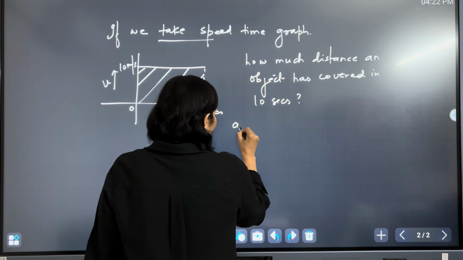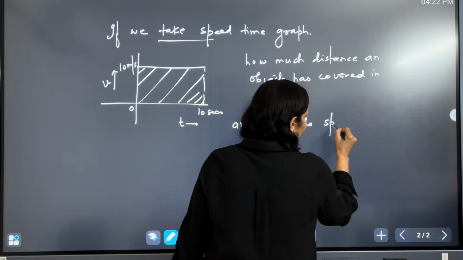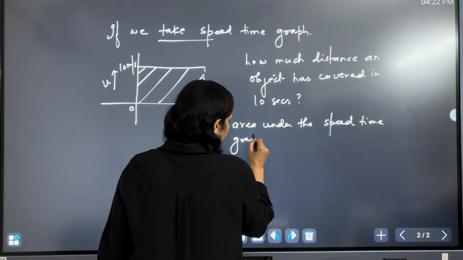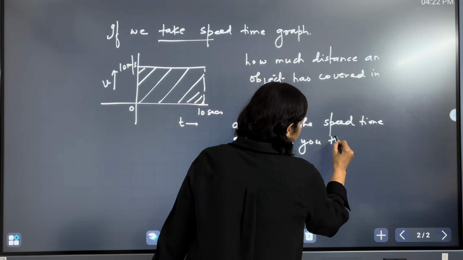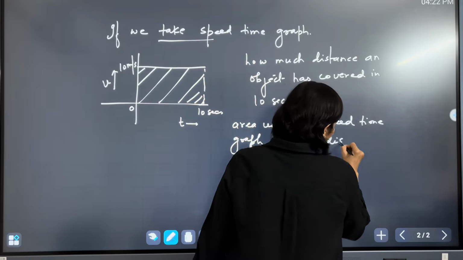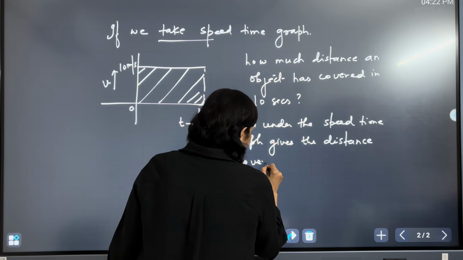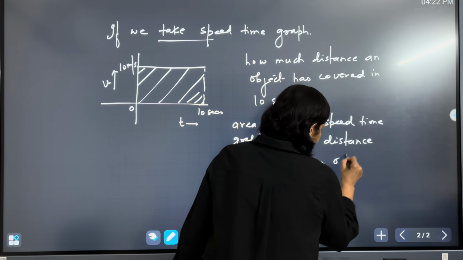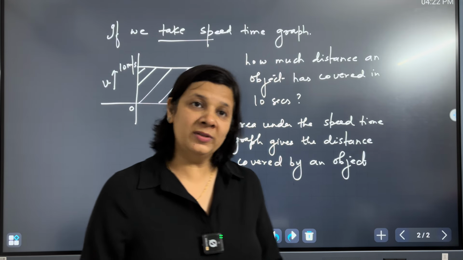So area under the speed time graph gives the distance covered by an object. But now you may ask a question that this object was moving with a constant speed.